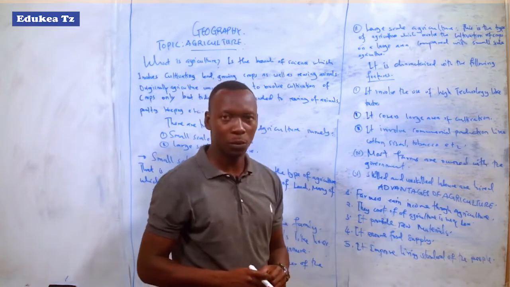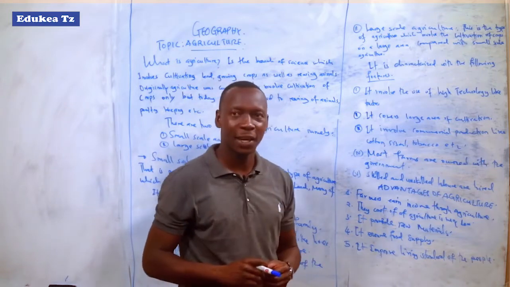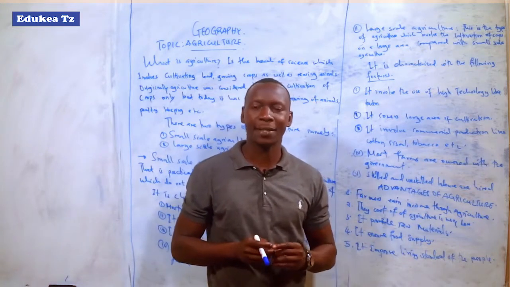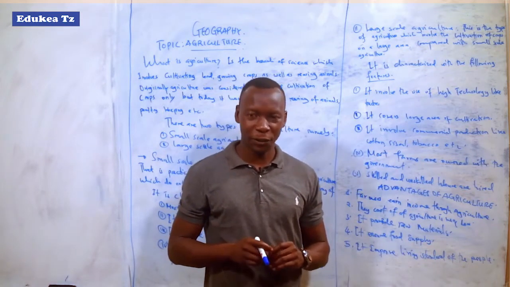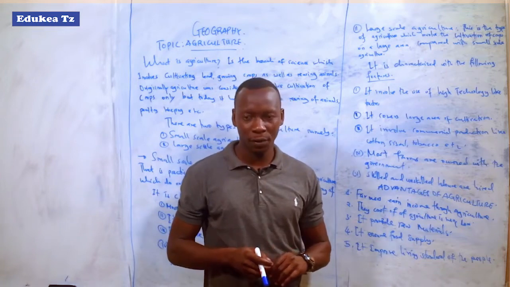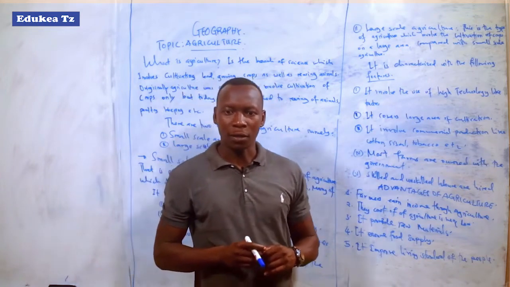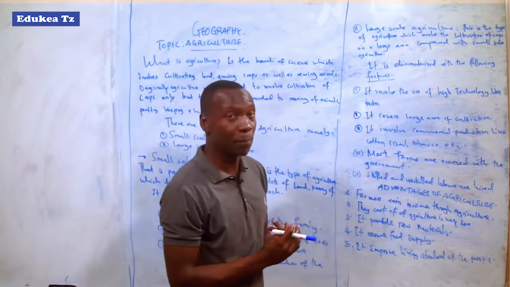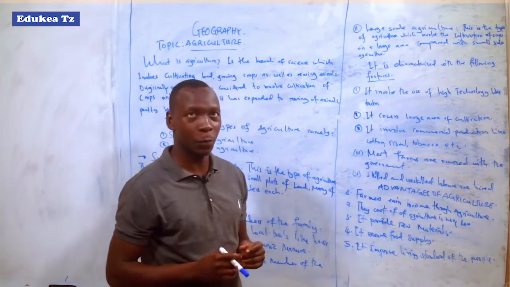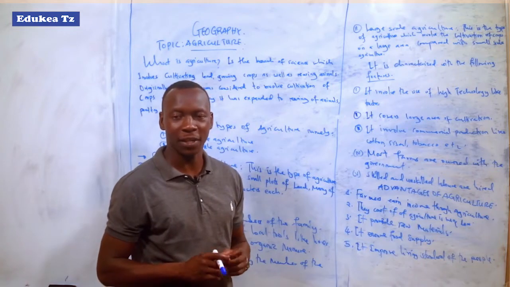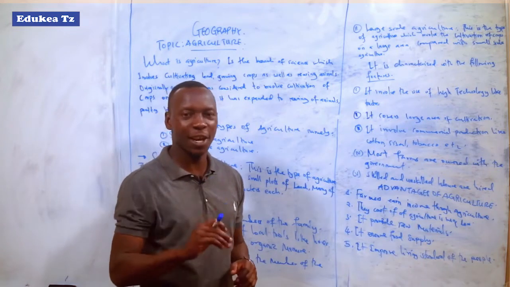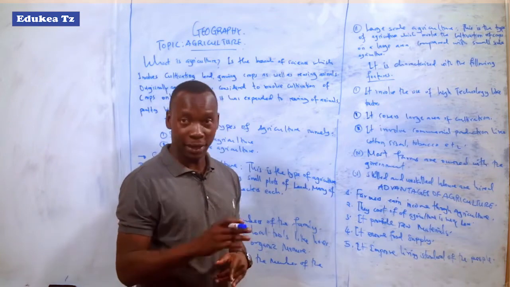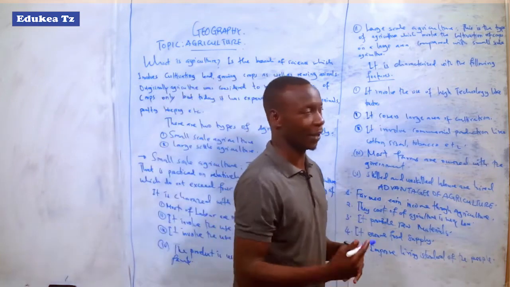It involves commercial production like sisal, cotton, coffee, and other crops which can be used in industry, processed, and produce raw materials like clothes and tea and others.